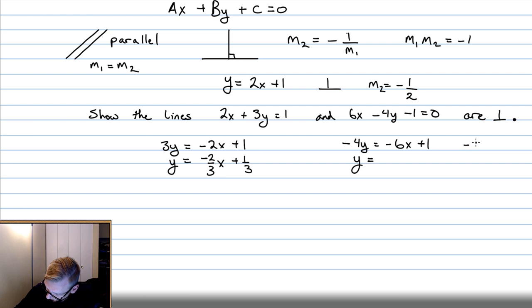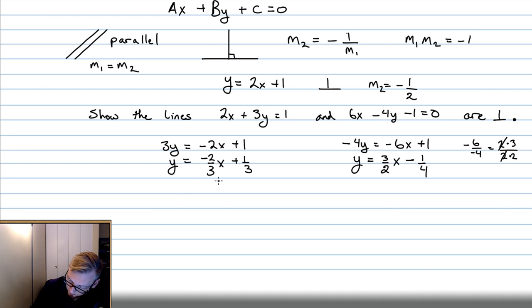So negative 6 divided by negative 4 is just positive, but the 6 is 2 times 3, over 2 times 2. We're going to cross out one of those 2's, so we get 3 over 2 x and minus, because the minus sign on a positive is a minus, negative 1 over 4.